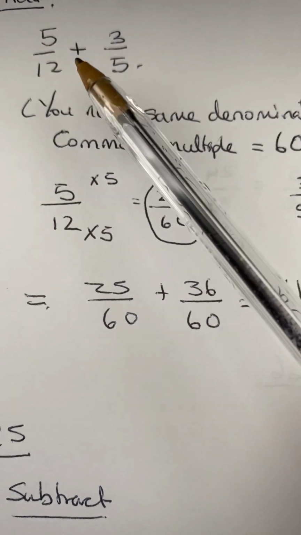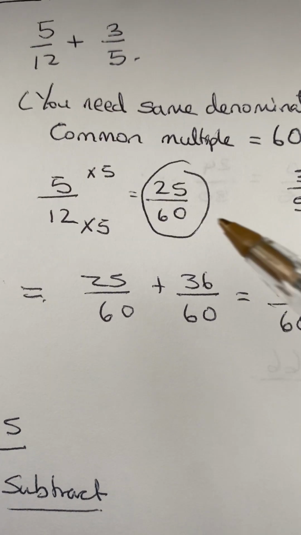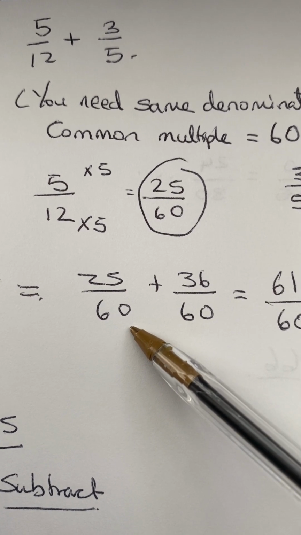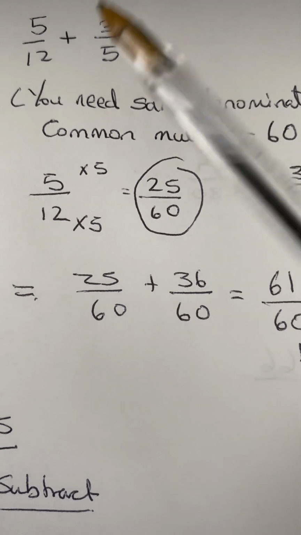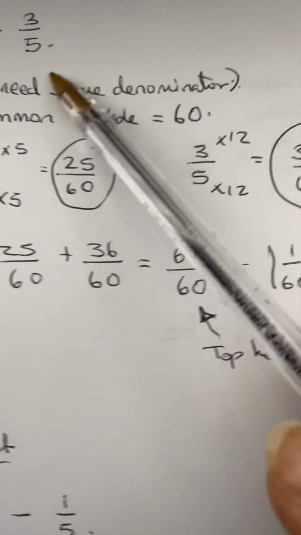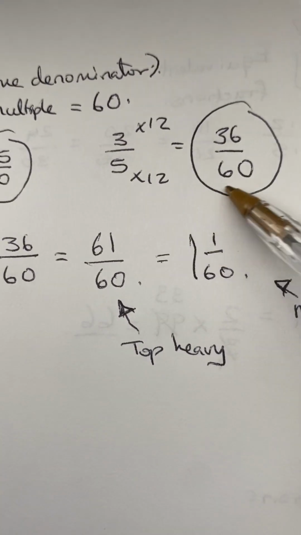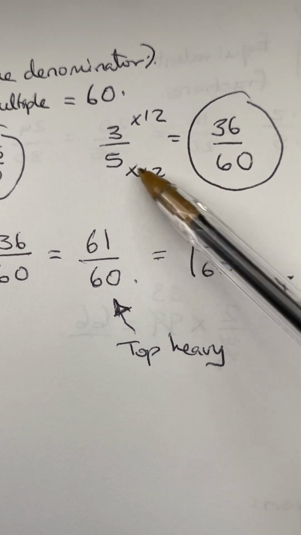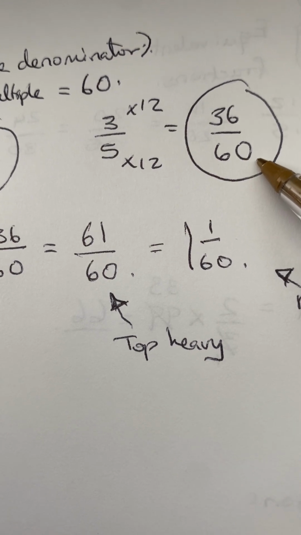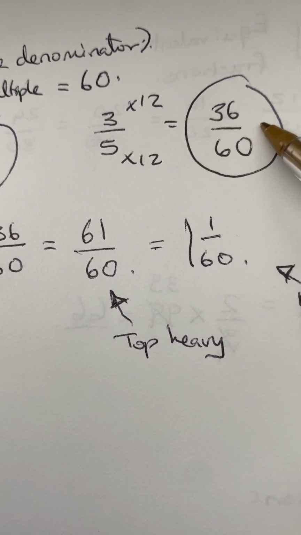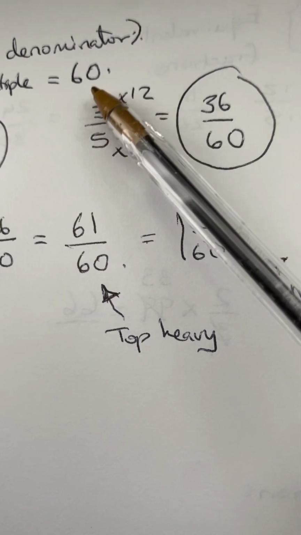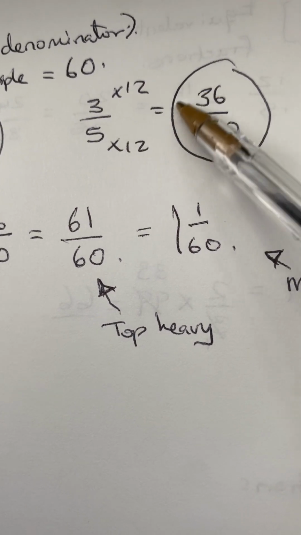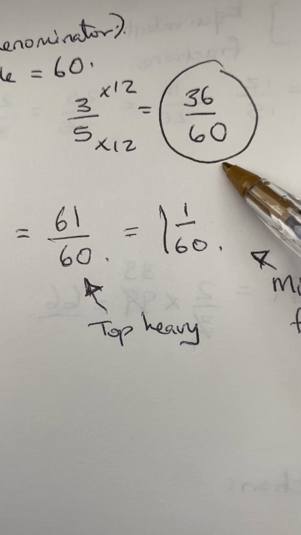Okay, so in place of 5 over 12, we are going to write 25 over 60. Then the second one, what will we do to 5 to make it 60? We multiply by 12. 5 times 12 is 60. So 3 times 12 is 36. So instead of 3 over 5, we'll put the equivalent fraction 36 over 60.